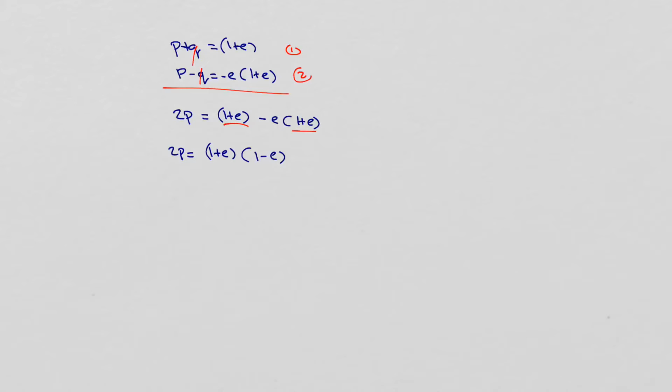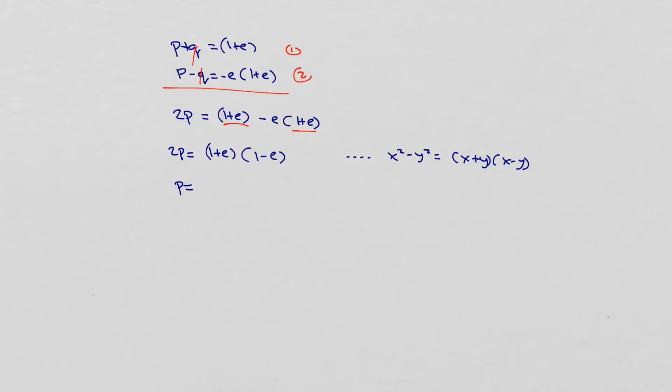And of course, if I divide across by 2 then, I have P equal to 1 plus E times 1 minus E over 2, which is actually the difference of two squares. So x squared minus y squared is equal to x plus y times x minus y, right?